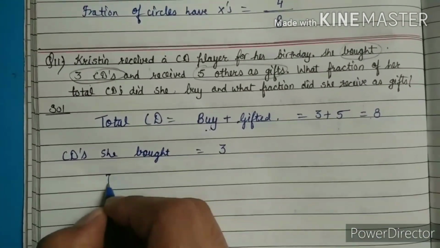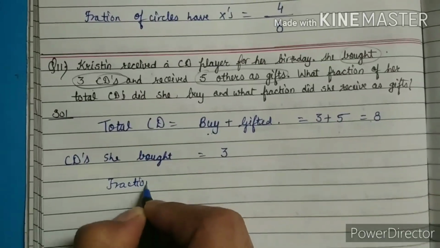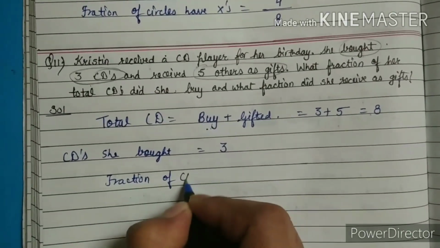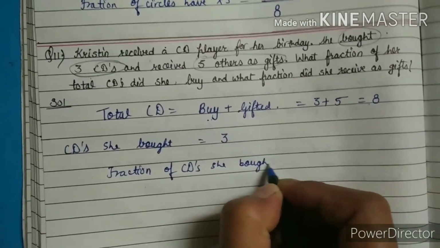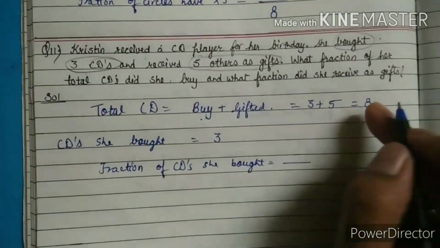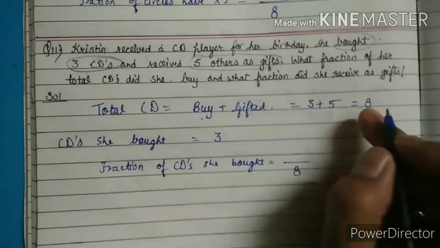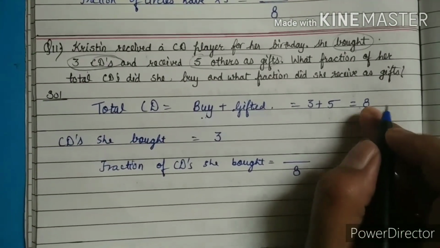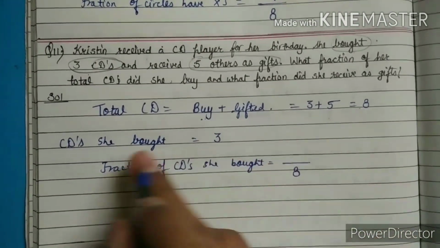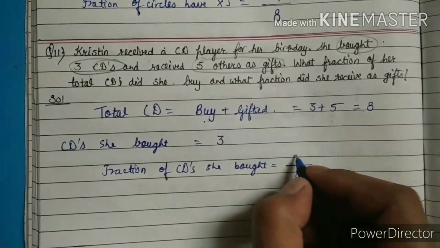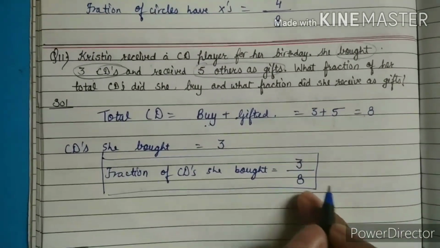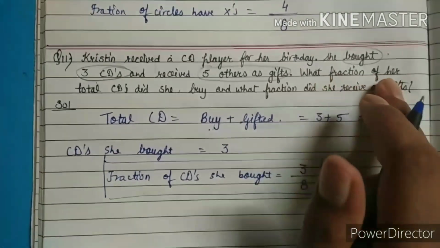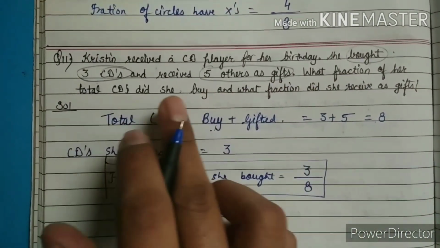So fraction of CDs she bought: always total will come at the denominator. So total CDs that she has is 8 and total CDs that she bought is 3. So this is our first answer because the question said what fraction of her total CDs did she buy?